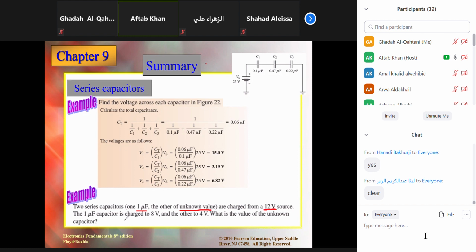The 1 microfarad capacitor is charged to 8 volts and the other is charged to 4 volts. Total is 8 plus 4 equal to 12. So the 1 microfarad capacitor is charged to 8 volts, but the unknown, let's suppose Cx, what is the value of the unknown capacitor?